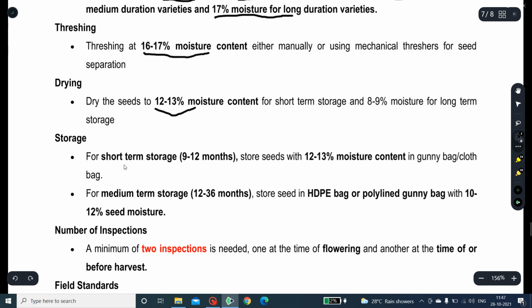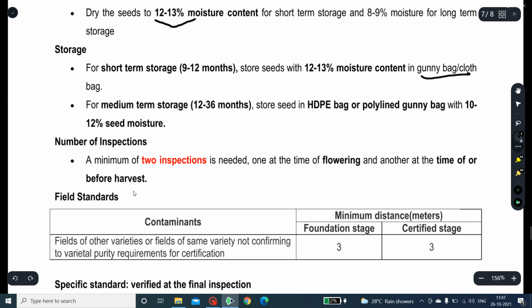If stored for short term, 9 to 12 months, store at 12 to 13% moisture content in gunny bag or cloth. For medium and long duration varieties, store in high density polyethylene bag or poly-lined gunny bag with 10 to 12% moisture content.